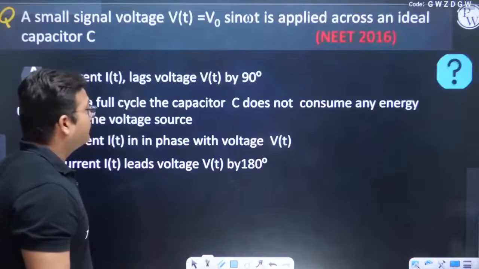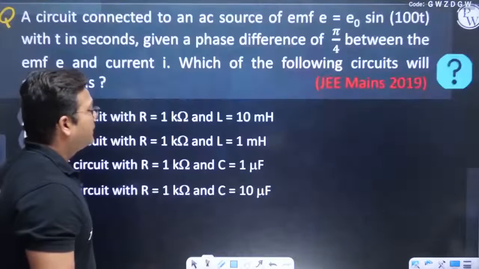Now it's time to solve a few questions based on this study.